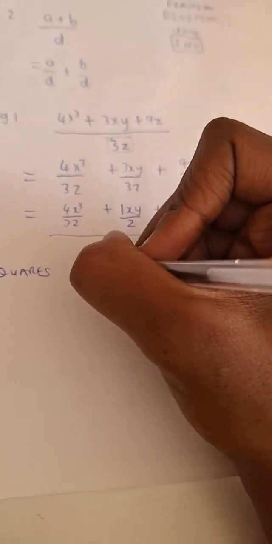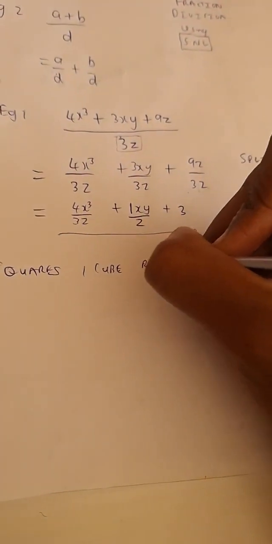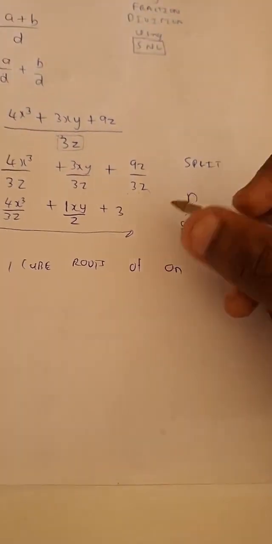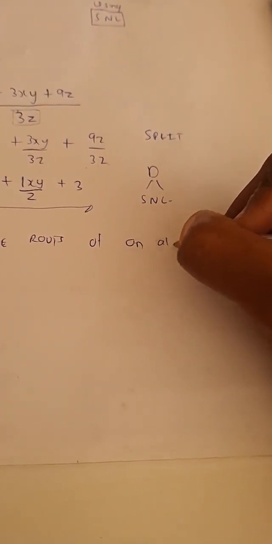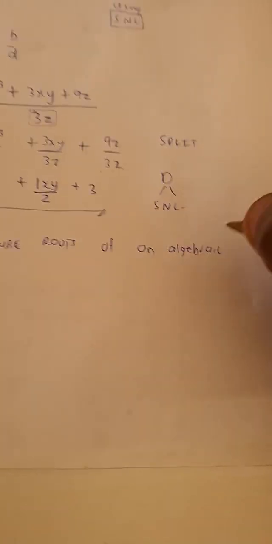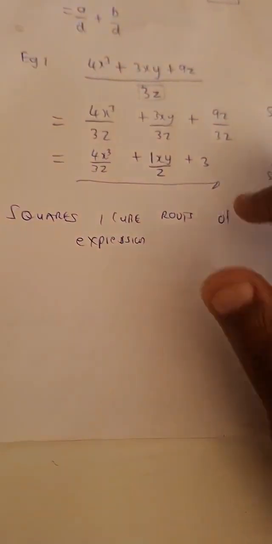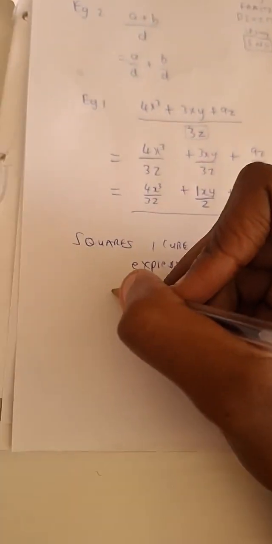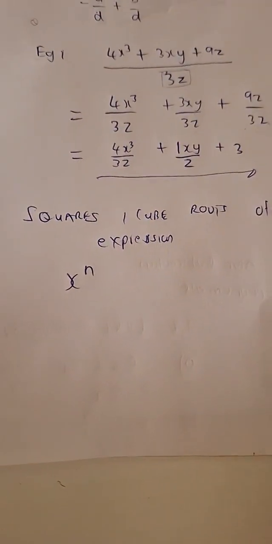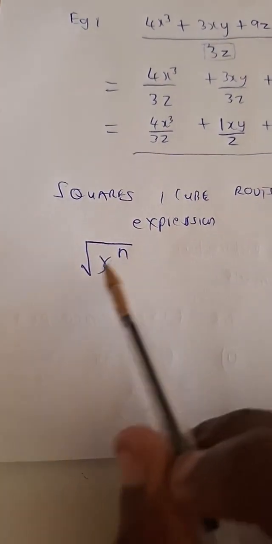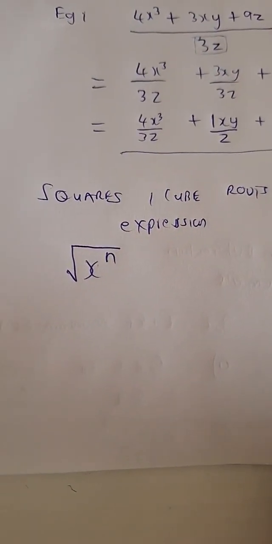In term 1, you did squares and cube roots of an algebraic expression. Now I want to check when we have squares and cube roots of an algebraic expression. Generally speaking, the square root of x to the power n can be written in exponential form.